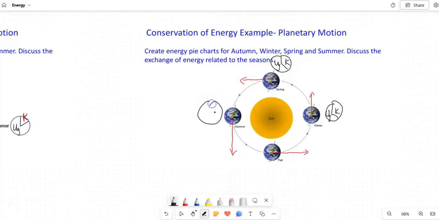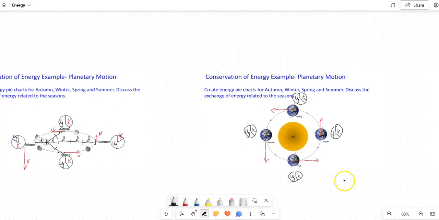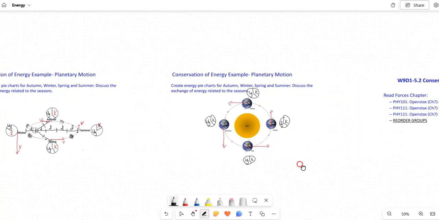So this is impossible. I did come across it from a textbook, and I thought I'd point out that you can't have a perfectly circular orbit. You have to have some kind of exchange of energies. You'll have an elliptical orbit, but it just won't be perfectly a circle. It could be slightly close to a circle, but it won't be a perfect circle.